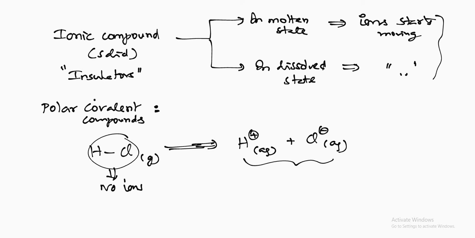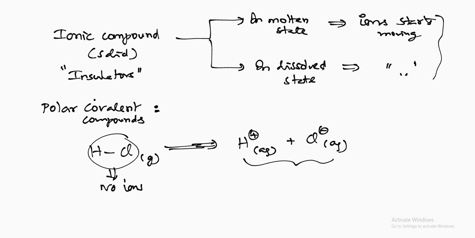Therefore, in solid state, ionic compounds behave like insulators. But if you melt or if you dissolve in any solvent, then the ions start to move freely, so that the material or the solution shows conduction.